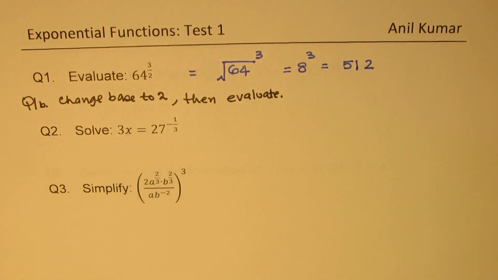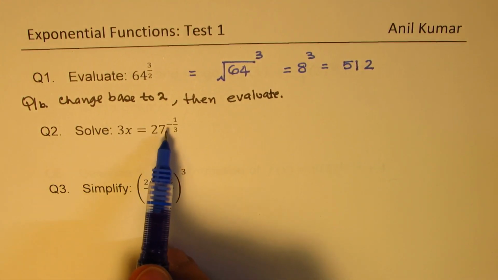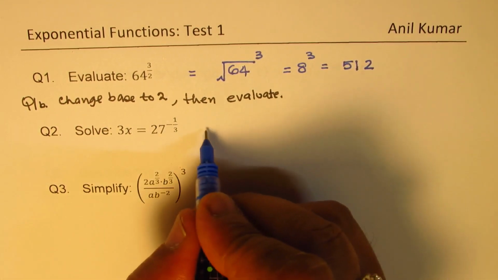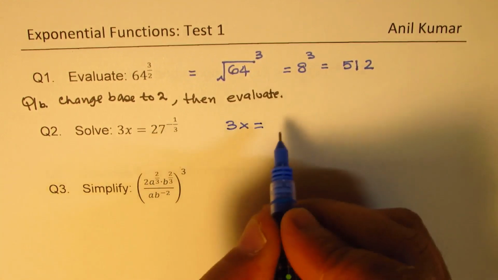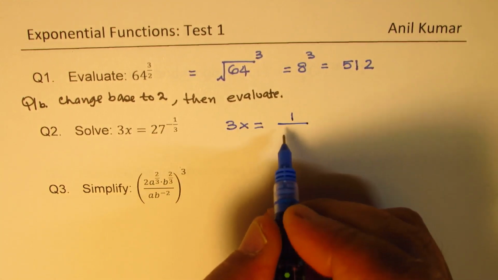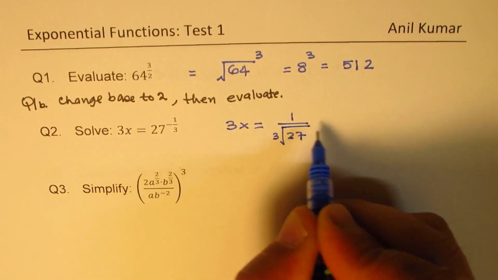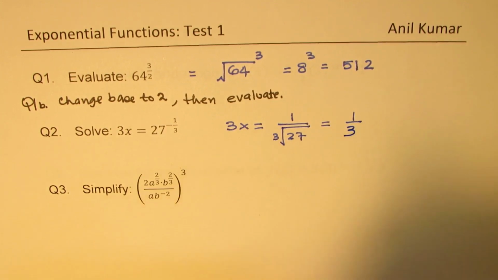Now let's take the next question, which is solve 3 to the power of x equals 27 to the power of negative 1 over 3. Negative means 1 over, right? So 1 over the cube root of 27. The cube root of 27 is 3, so it is 1 over 3.